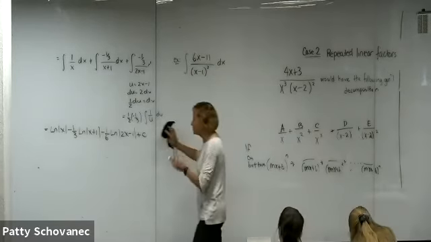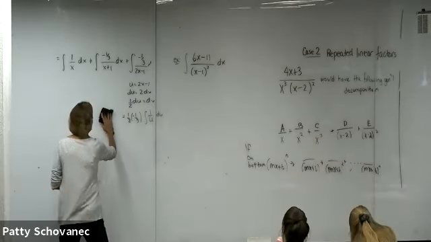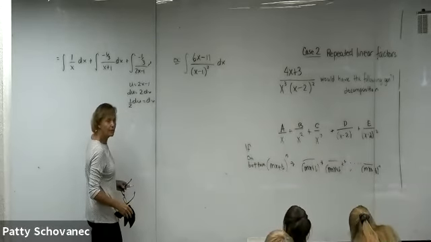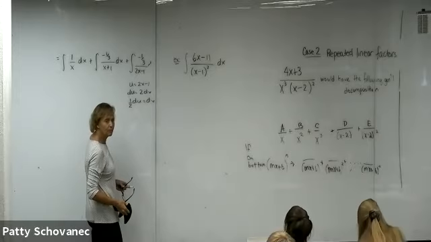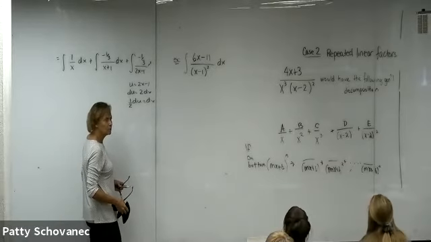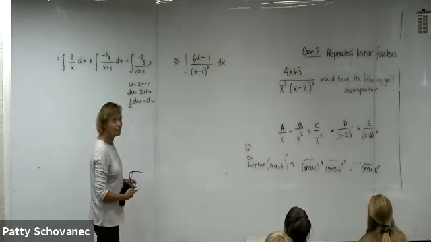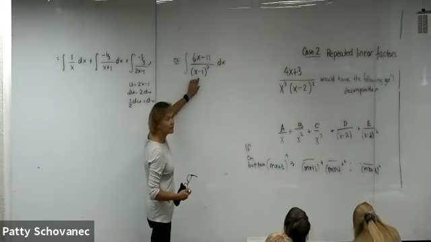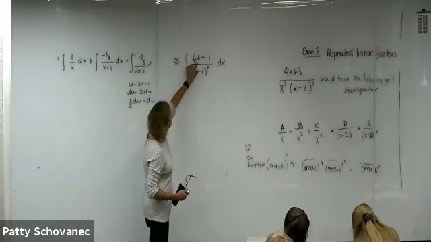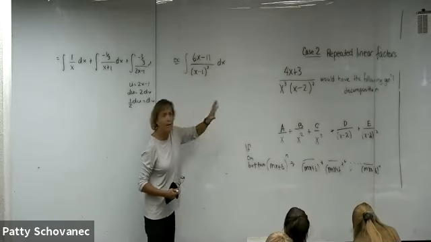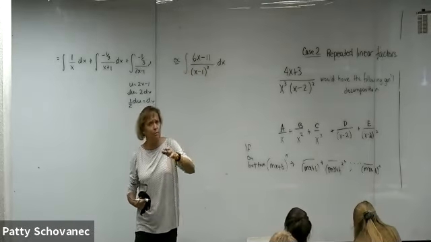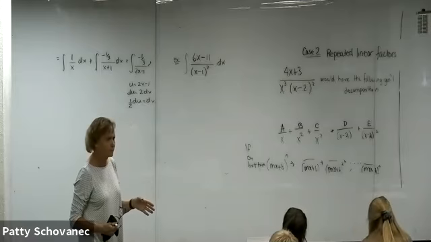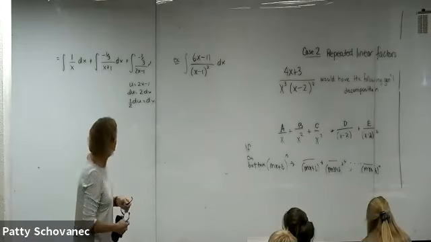If I asked you to integrate this way back in section 7.1, you could probably figure out a way to do this integral with some sort of double substitution. Take u to be x minus 1, and then solve for x, so x is u plus 1, and dx is du. I bet you could write this as a doable integral just with a double substitution. You might want to try it later on.